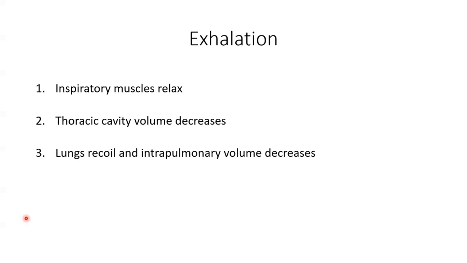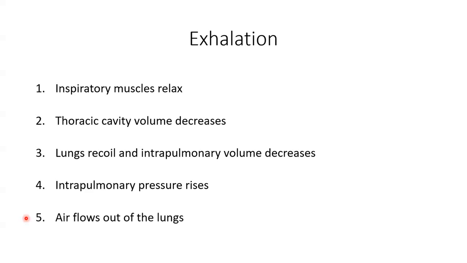With the decreased volume of the thoracic cavity, the lungs, being elastic, will recoil, and the intrapulmonary volume, or the volume of the lungs, will decrease. Because that volume has decreased, we know that the pressure must increase. It increases again by about 2, so it goes up to 762 millimeters of mercury.